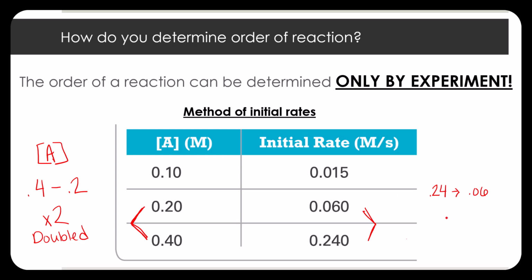It is a factor of 4. It quadrupled. So 6 times 4 is 24. So it quadrupled. So what order would it be if we double the concentration and the rate quadruples?